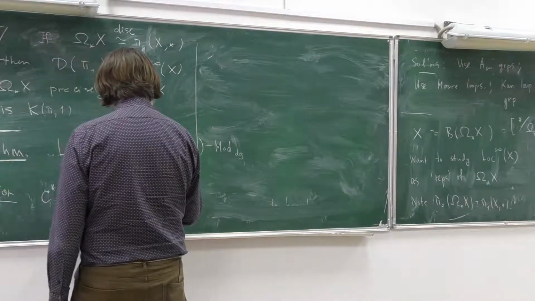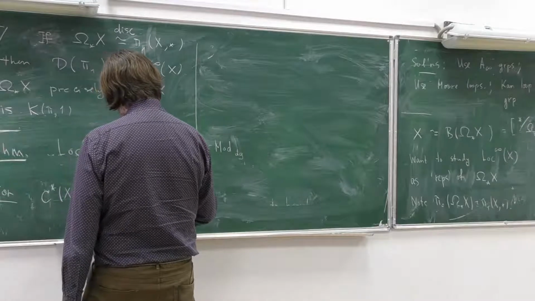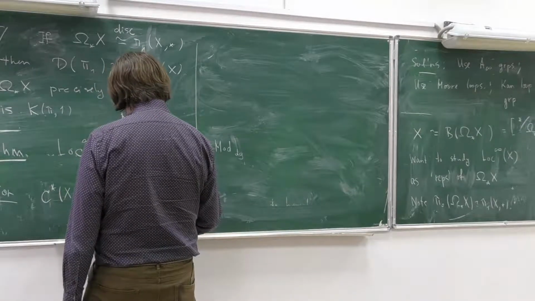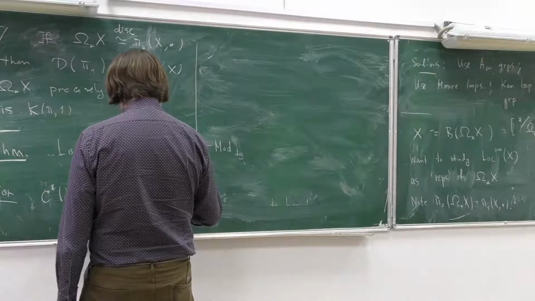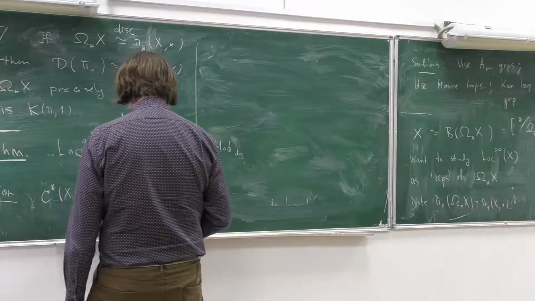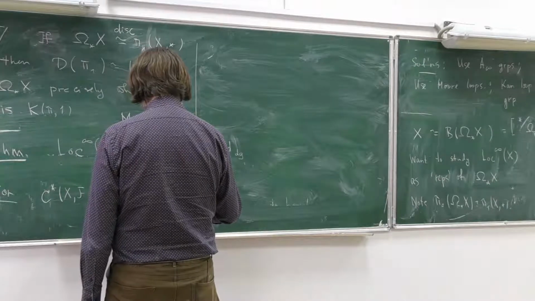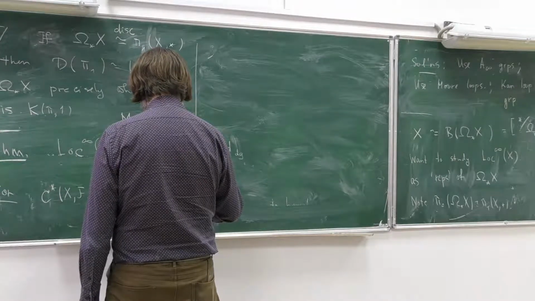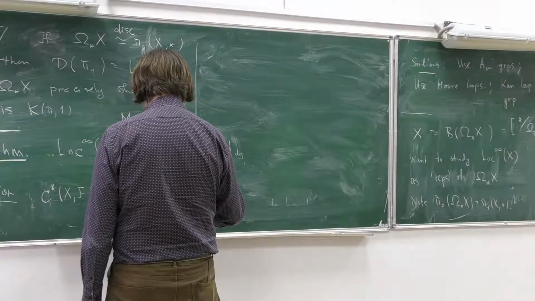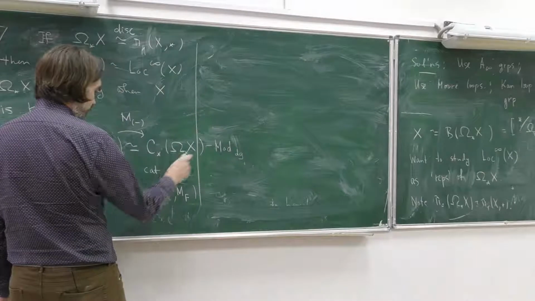This is cochains. This is R Hom over this DG algebra from the constant sheaf to, whatever the corresponding, well, let's say the trivial module.